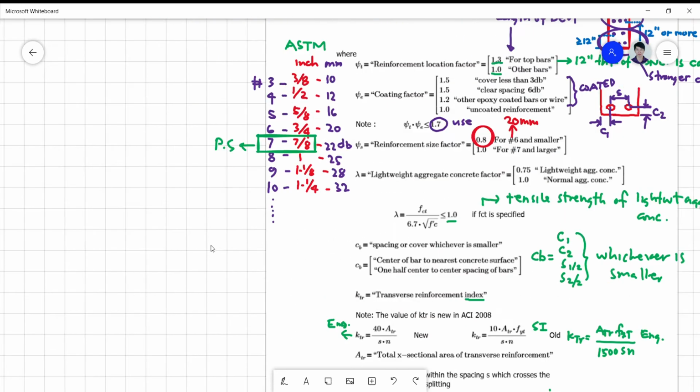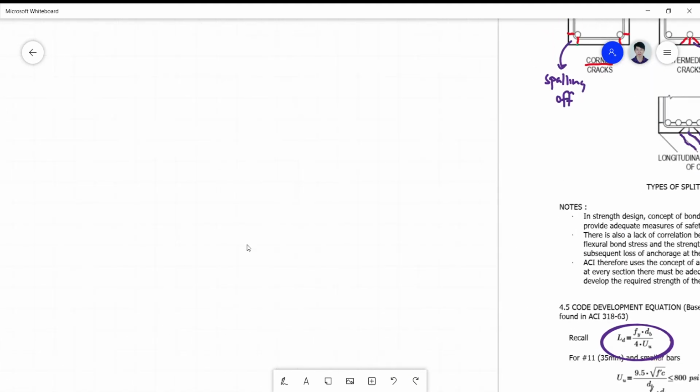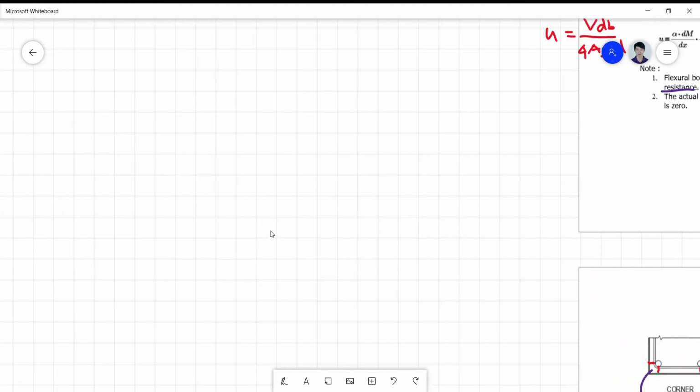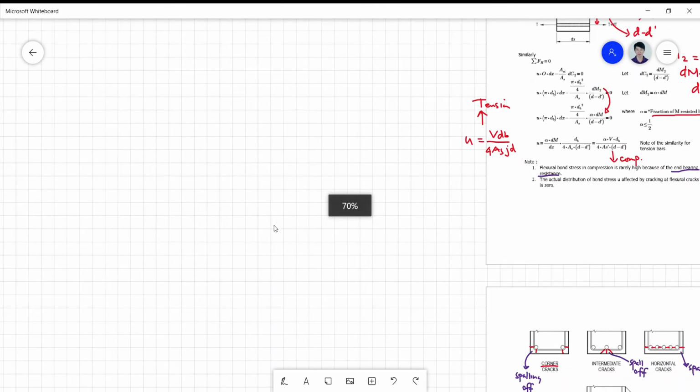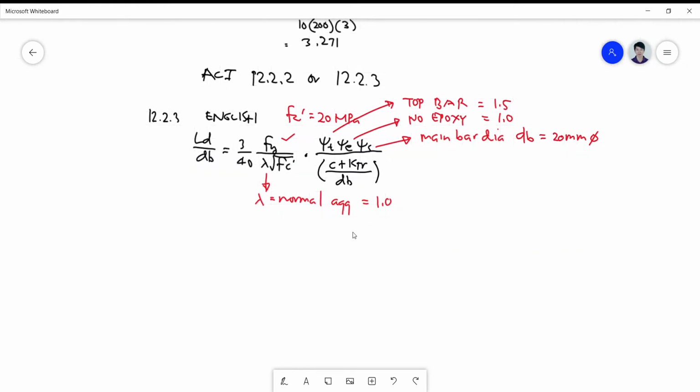Okay, so we need to compute this directly. Okay, so this is CB. So we have to compute it directly: 55 plus KTR is 3.271 over dB is 20.